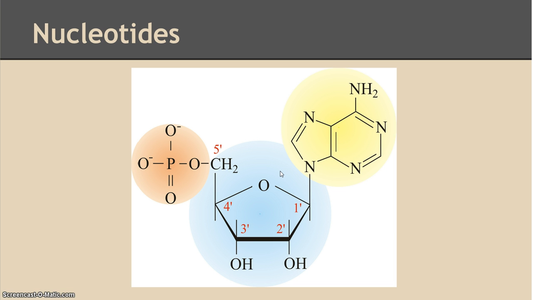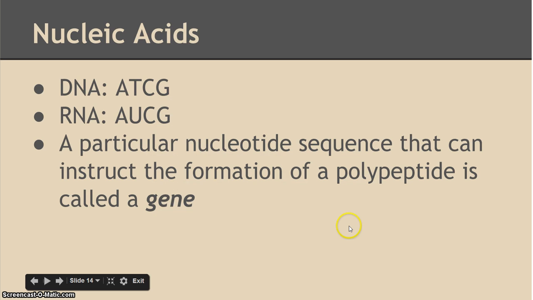Remember I just said in DNA we have deoxyribose, in RNA we have ribose. So there's a slight change in these, but it's not a big difference. They do stay a monosaccharide. And then we have our nitrogenous base, which is going to be what actually kind of stores our information.